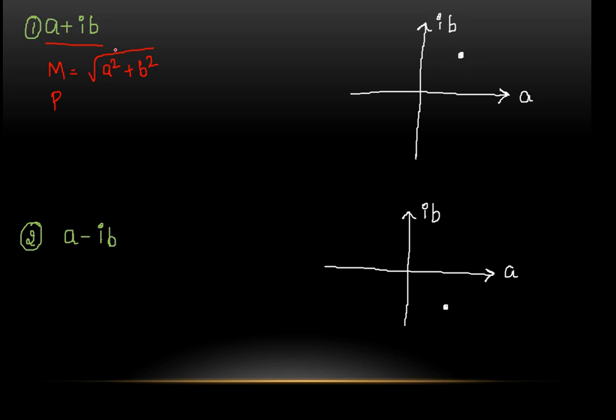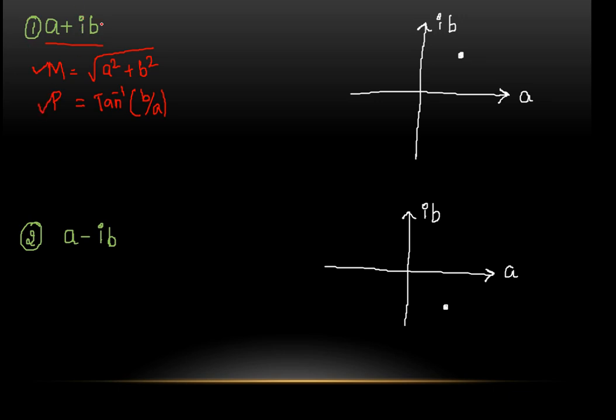And the phase of this complex function is nothing but tan inverse of the imaginary part, that is b, by the real part, that is a. So this is the magnitude and phase representation of this complex function.